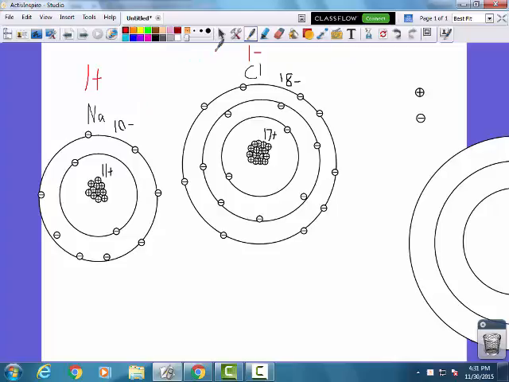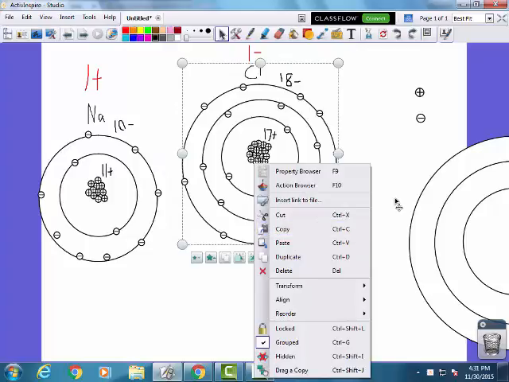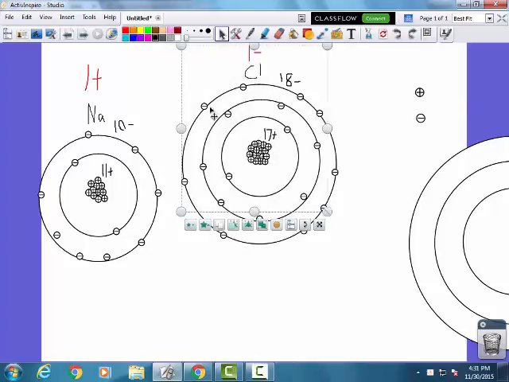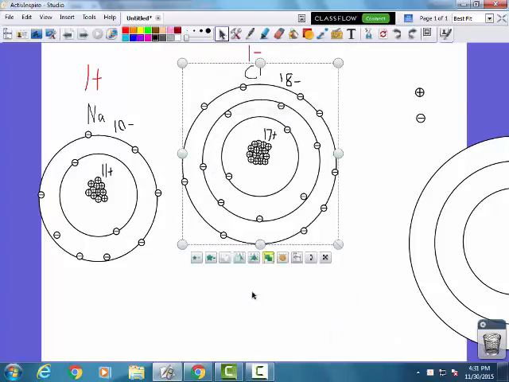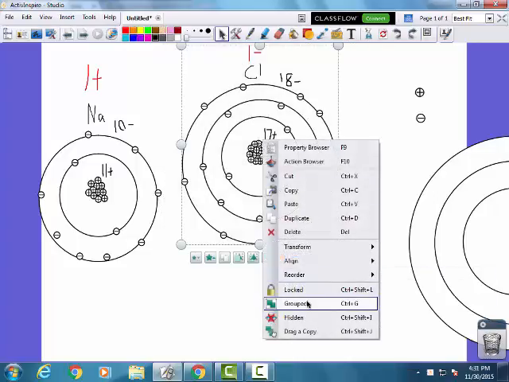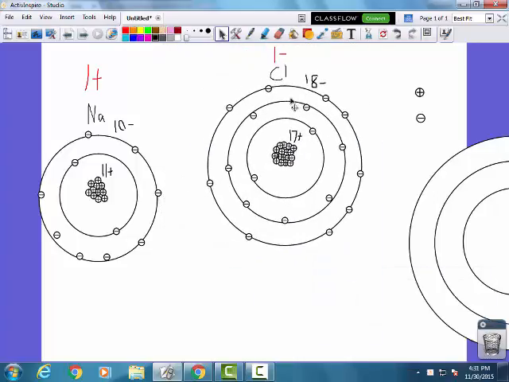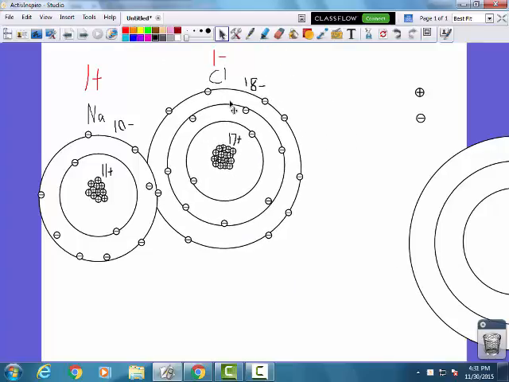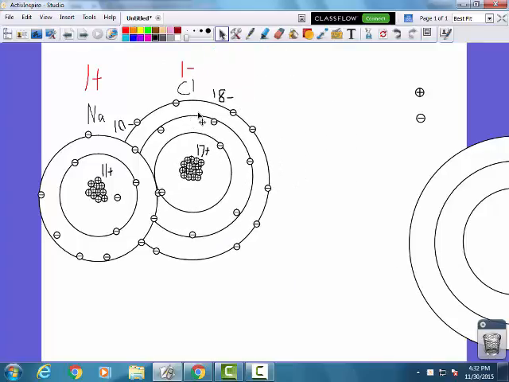Atoms want to be stable. So what happens, just like with magnets, if you have a positively charged object and a negatively charged object, they are going to attract each other. So this chlorine atom will actually physically be attracted to the sodium atom.